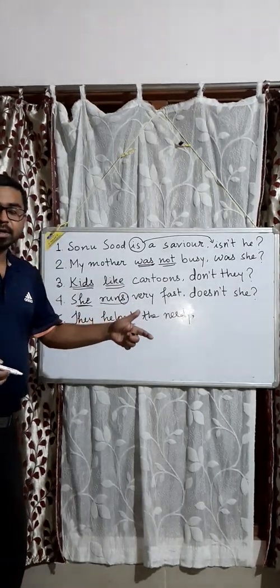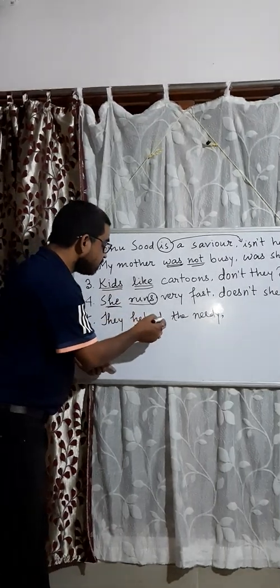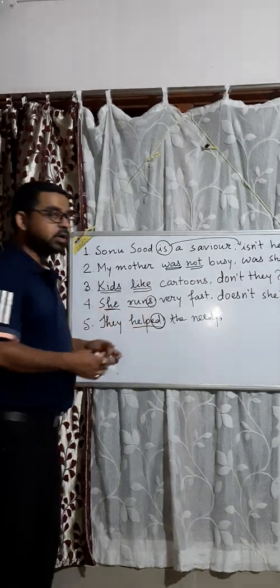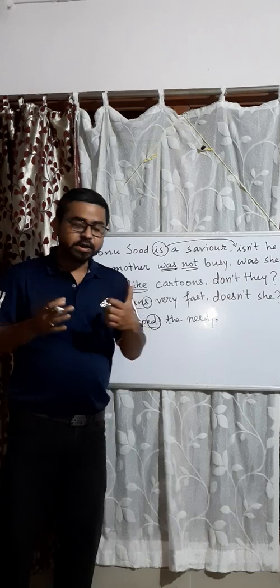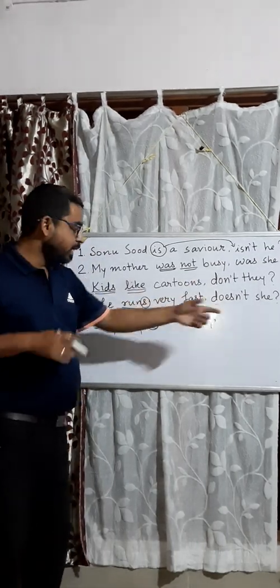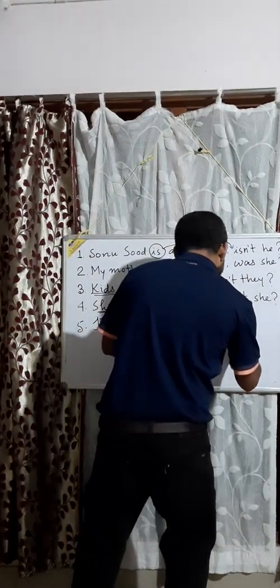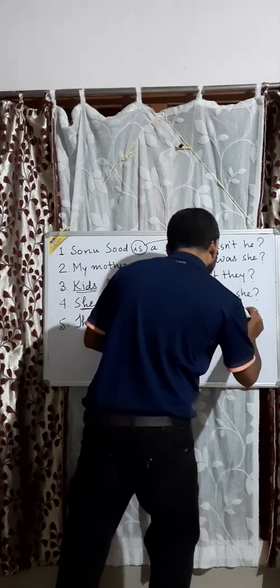Next thing that we have to do is that we have to identify its tense. Now, this is past tense. How do we know this? Because of this ed. So it is in past tense. So when it is in past tense, we have only one option available, that is did. So since it is a positive statement, our tag will definitely be negative. So what we do here is that we write did not, didn't they.